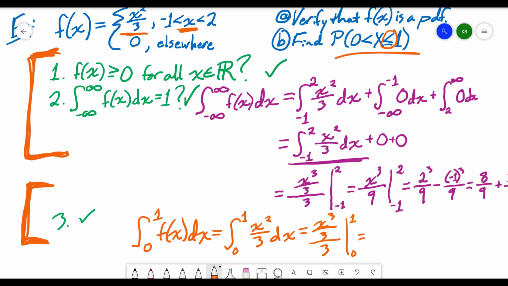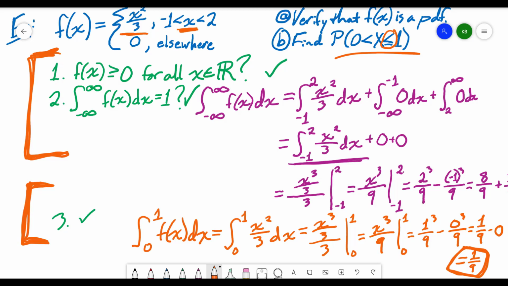And now I do some arithmetic, simplify it a little bit. I've got x cubed over 9 over the interval 0 to 1. I'll plug in my max value and have 1 cubed over 9 minus my min value, 0 cubed over 9. So I'll end up with 1/9 minus 0, or just 1/9. So my probability that the value falls between 0 and 1 is going to be 1/9.